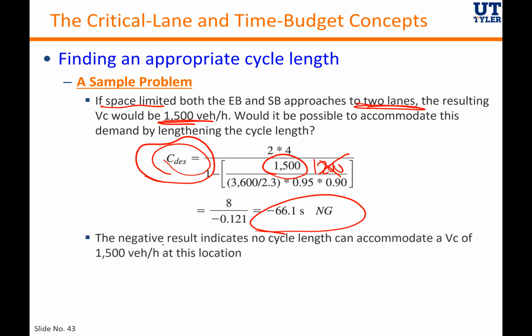The negative result indicates that there's no cycle length that can accommodate a V over C of 1500 vehicles per hour for this location, and therefore you have to stick to your guns. Show the equation, and you just can't have 2 lanes in this location if you're going to have a sensible desirable cycle length.